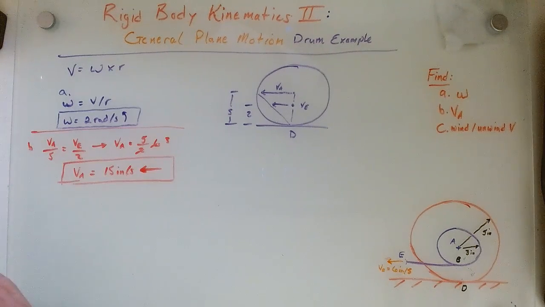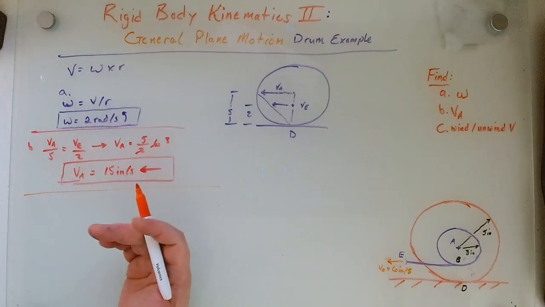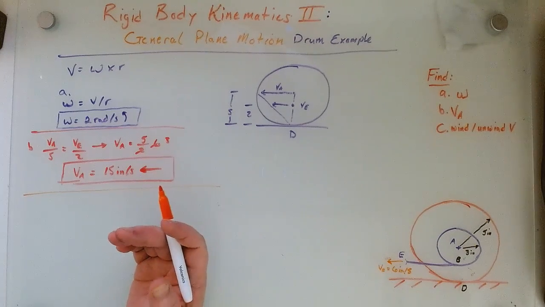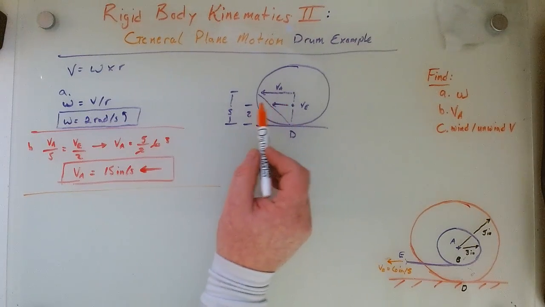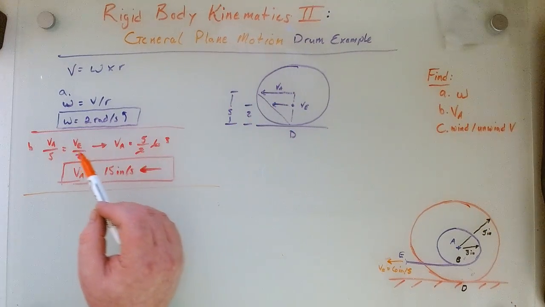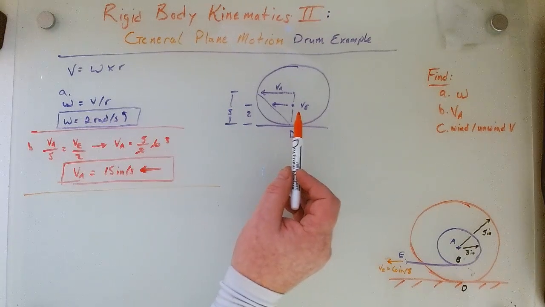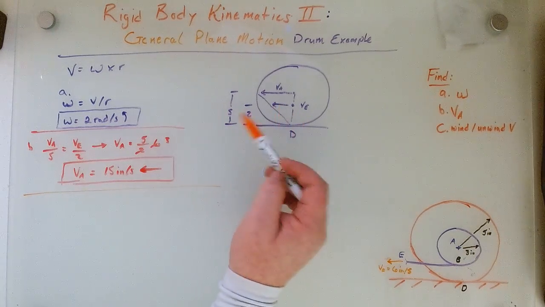Okay, so that's A, B, let's do C in orange, because why not? All right, so for C, we're asked, are we winding or unwinding? That's actually a really good question, right? So the center velocity is going at 15 this way, and the velocity of E is going at 6 this way.